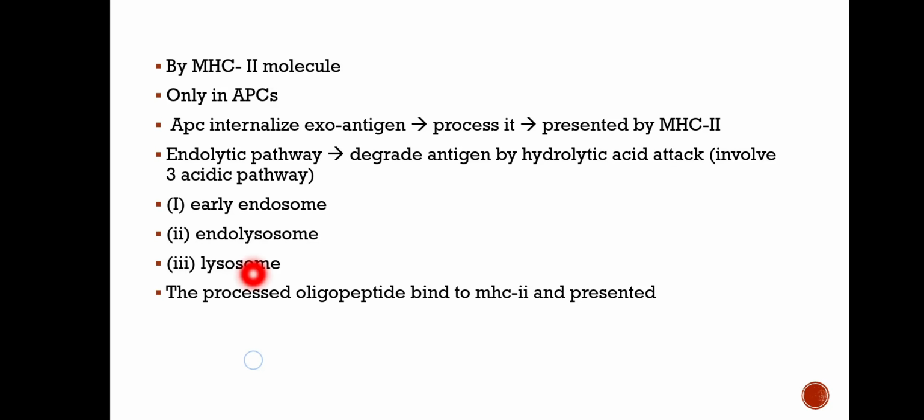These oligopeptides bind to the MHC-II antigen binding cleft, attach to the MHC-II molecule, and then are presented outside of the dendritic or antigen presenting cell. Now we'll discuss the actual mechanism of how this antigen presenting cell processes this antigen and presents it to the T cell receptors of CD4 plus cells.